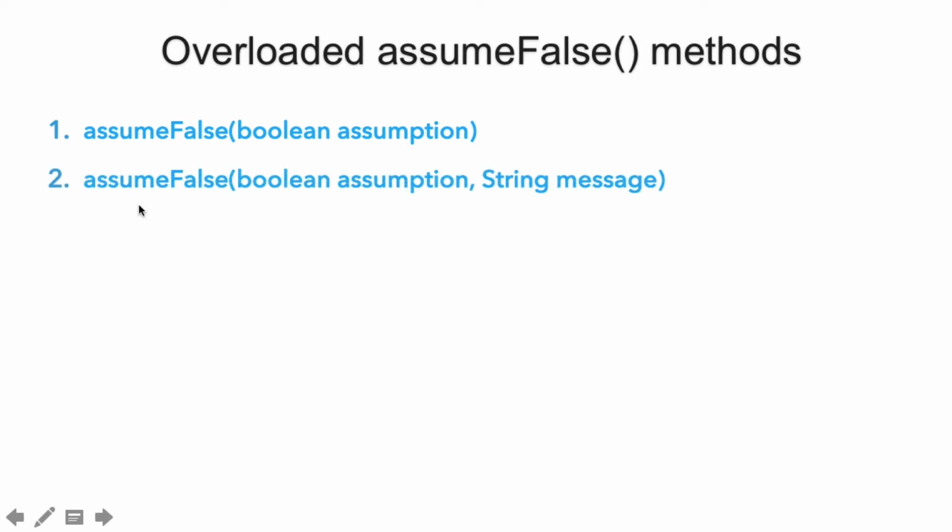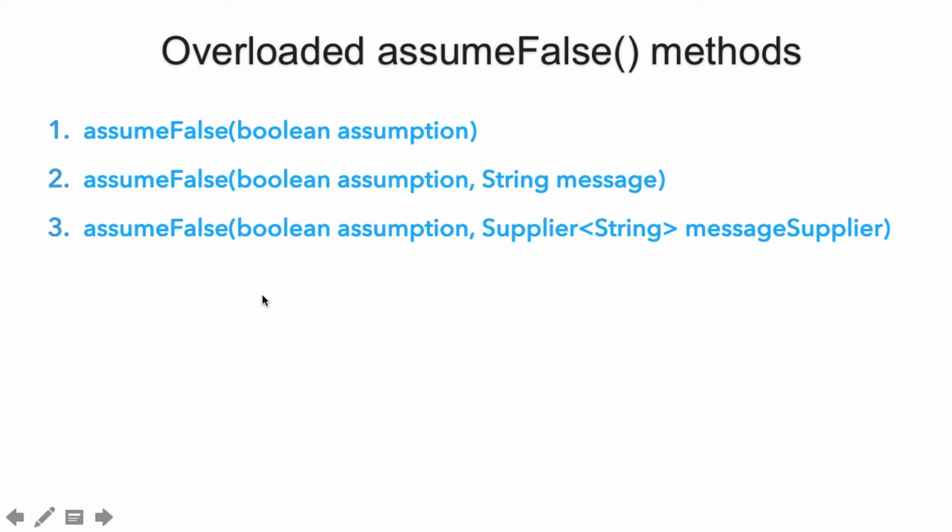In the second method, along with the boolean assumption, it takes in a string message. This string message is our customized message which gets printed in the JUnit console whenever the assumeFalse method throws a TestAbortedException, that is, whenever our assumption is not satisfied.